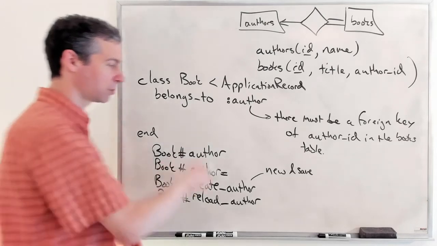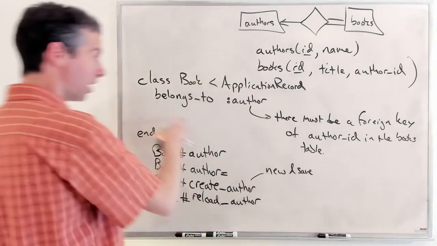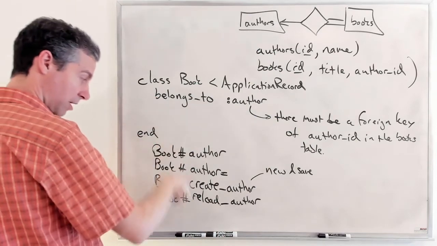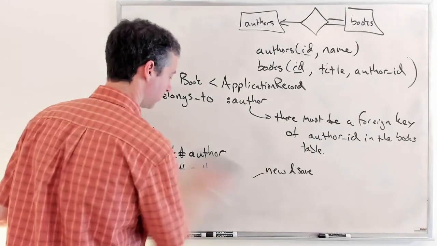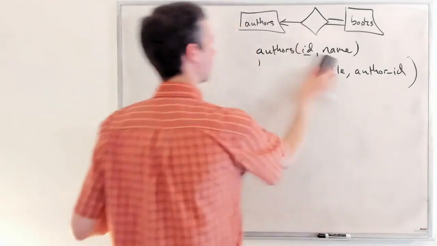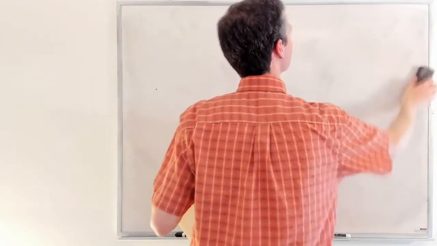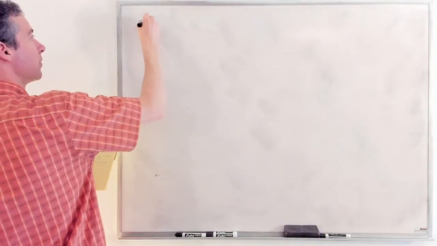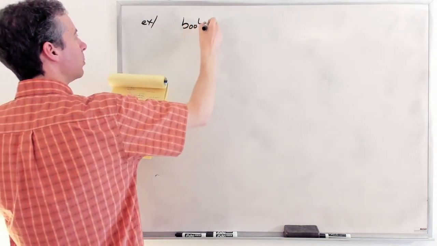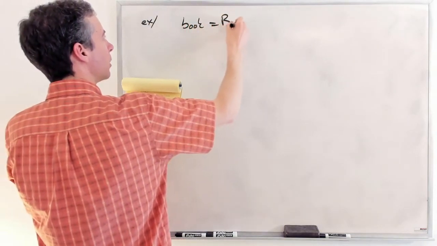So let's just put this into an example here. This is how we've got a model. We do this association. It generates for us a whole bunch of methods, and then we can actually use them. So as an example, we could say things again like book is equal to book.new.